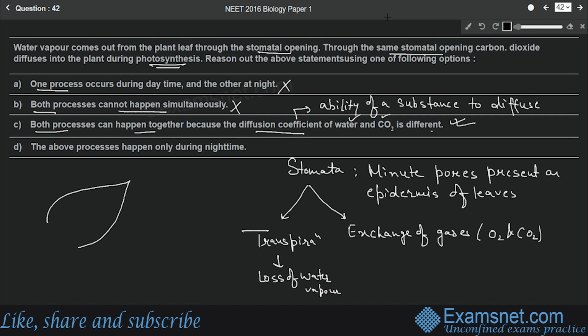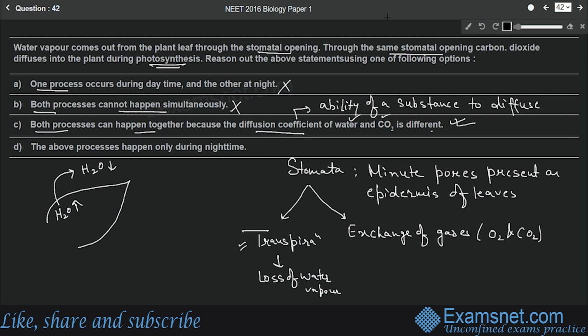Now, during transpiration, we know that water is lost. That means water moves out of the plant. So when does it happen? It happens when the concentration of water is more in the plant than in the surrounding. Okay, so the concentration of water in the outside environment is less and that inside the plant cell is more, therefore it comes out of the plant, right?